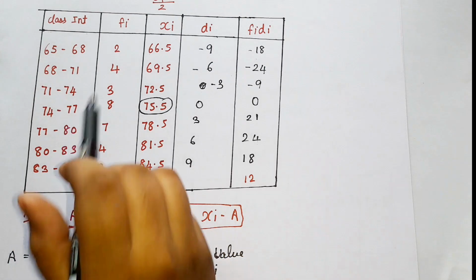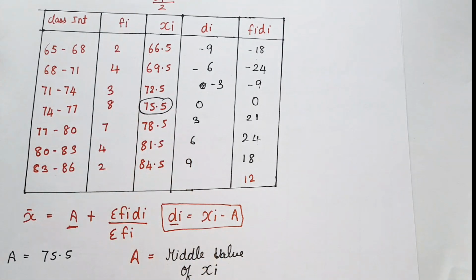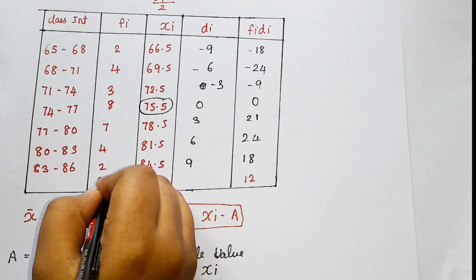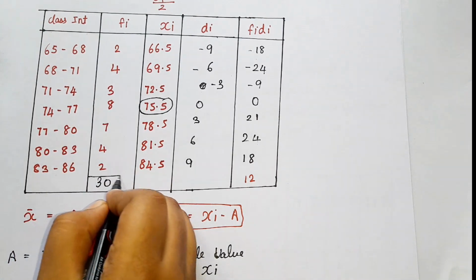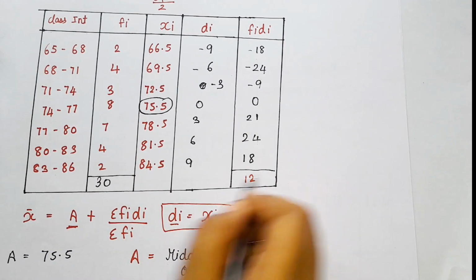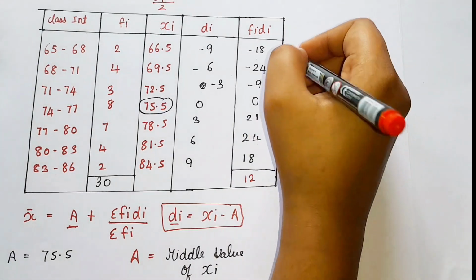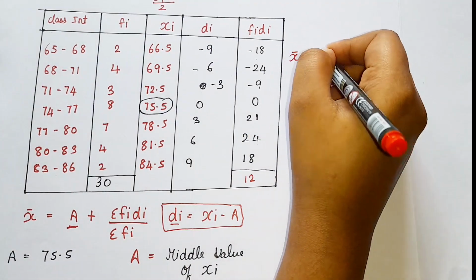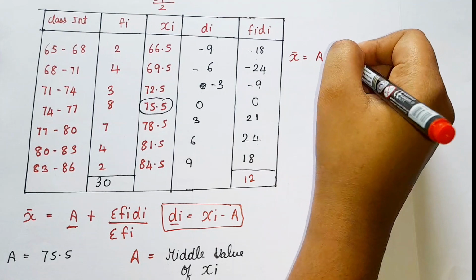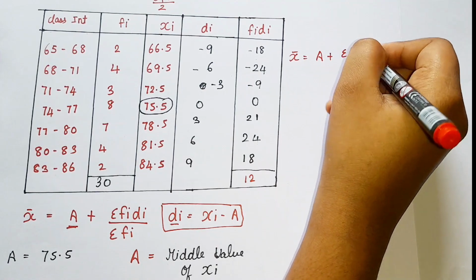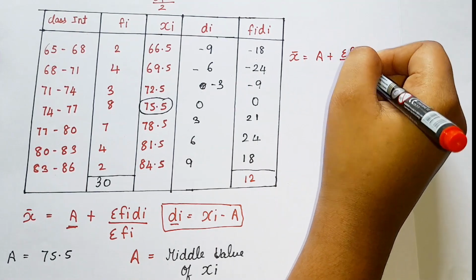Likewise, when I just add these numbers, I'll get 30. Okay, so once again, I'll get 30. Alright, so now I know the a value, the fi di value, and the fi value, so I can actually apply this. I'll write the formula here: x bar is equal to a plus sigma fi di divided by sigma fi.